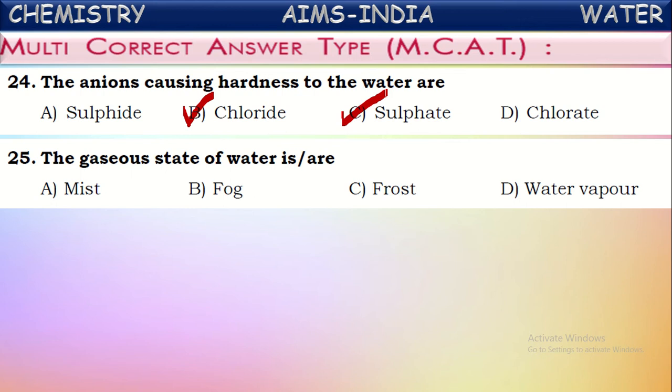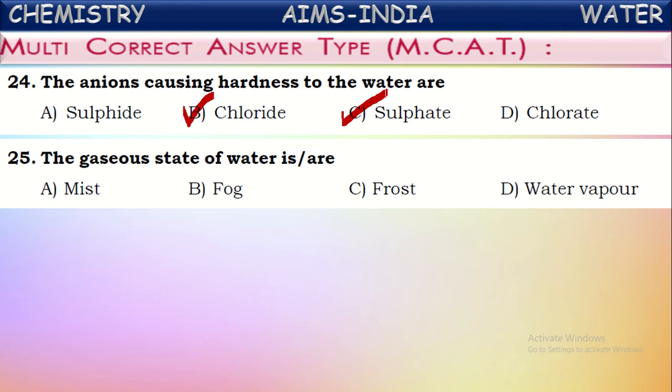No other substance can be available in these three formats like this. In the solid state, water exists in the form of ice, frost, snow, hailstones. These all come under solid states of water, isn't it?